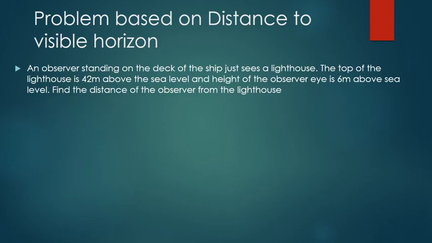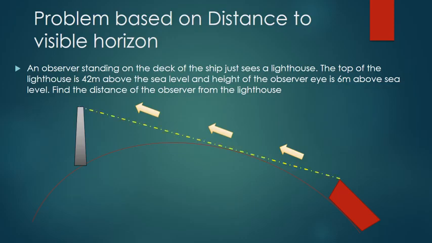Let us see how we apply the basics of distance to visible horizon. This is a lighthouse, then here is the ship, and on the deck of this ship an observer is standing and looking towards the horizon, where he just sees a lighthouse. Here is the line of sight.